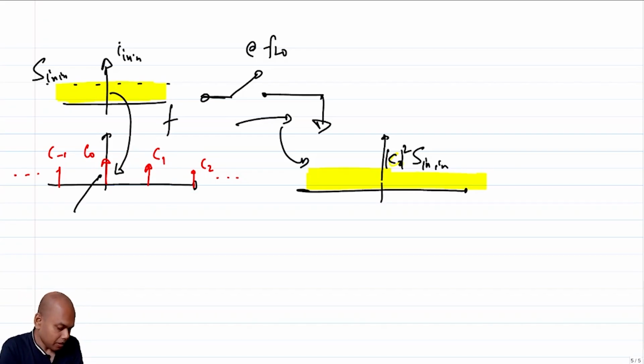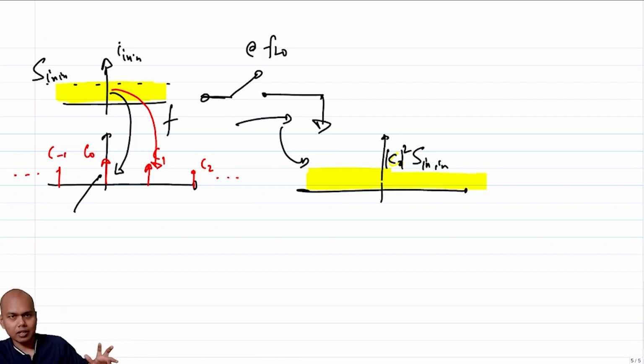But because I have additional tones at C1, I will also multiply the spectral density with C1, right? And note that this is a shifted spectrum, which means the spectral density of the input will get shifted by FLO, correct? Will be shifted by FLO and then get added up. But if the input is a white Gaussian noise, then the shift wouldn't matter because it would all look the same, right?